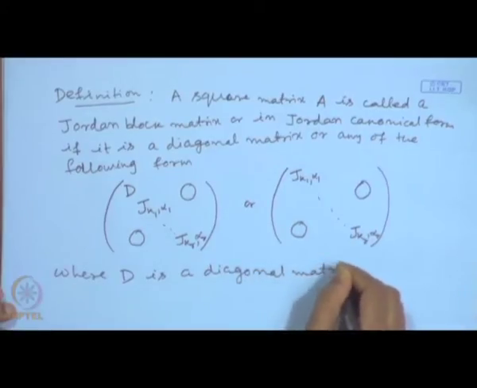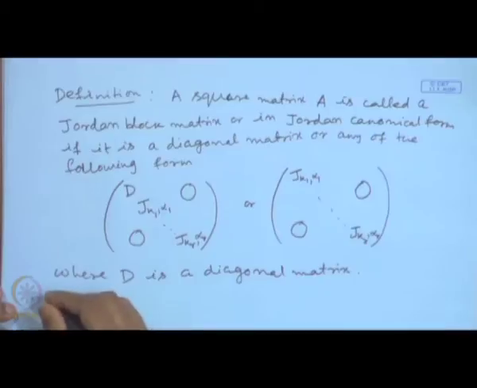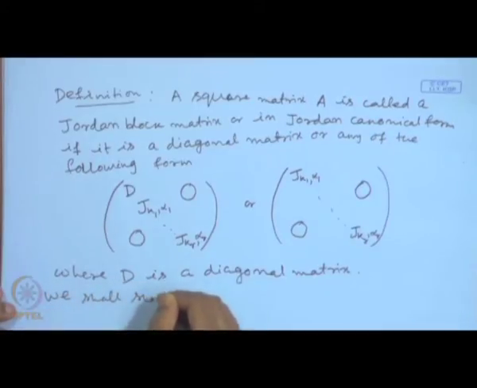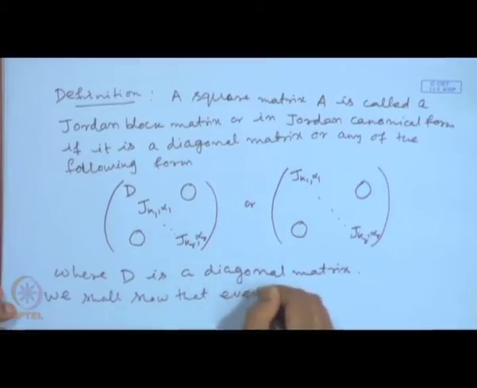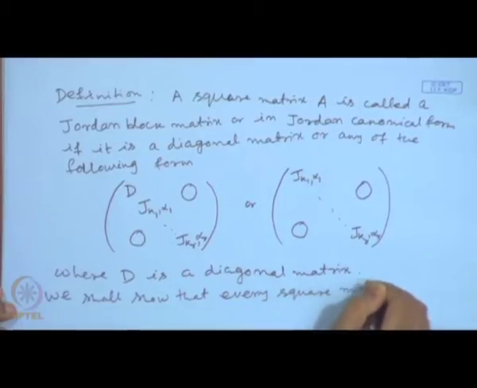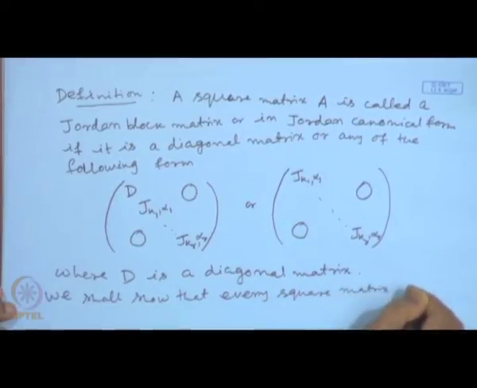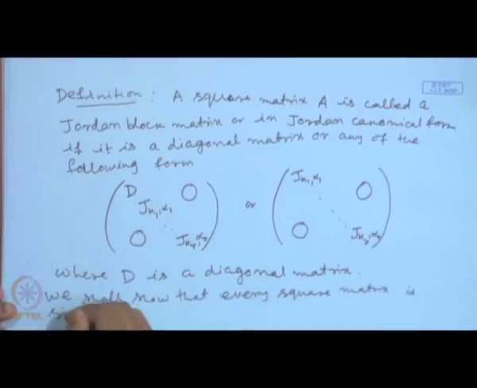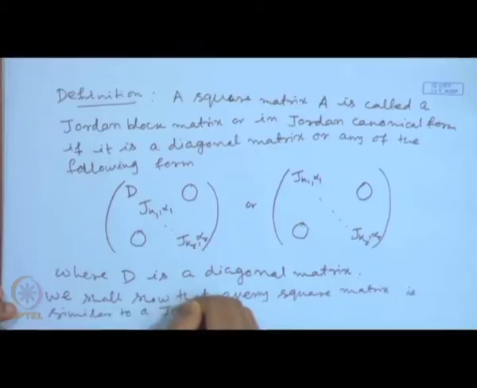Here we shall show that every square matrix is similar to a Jordan block matrix.